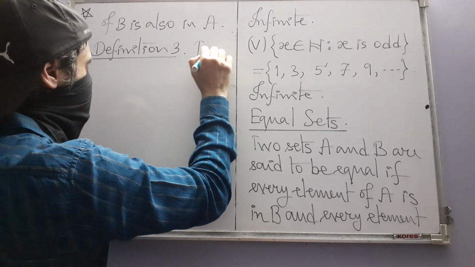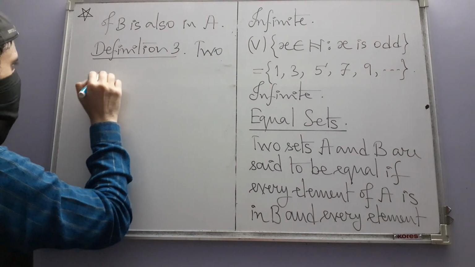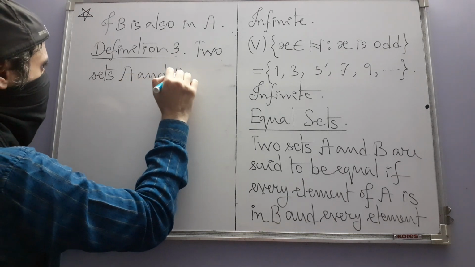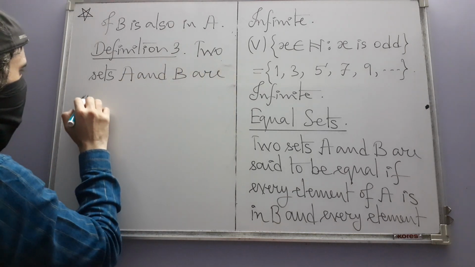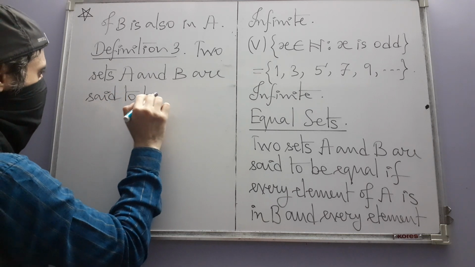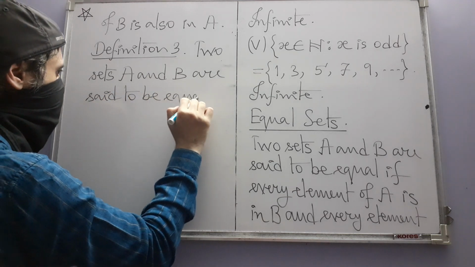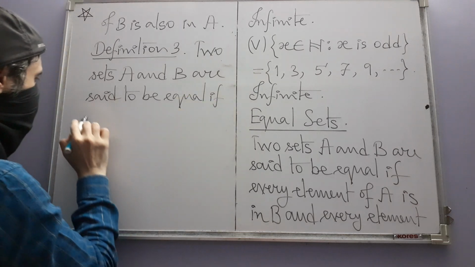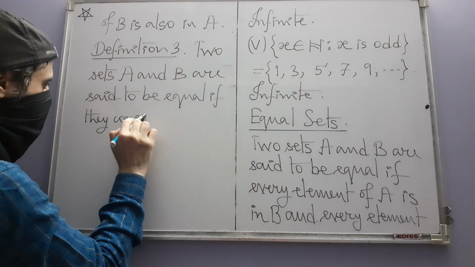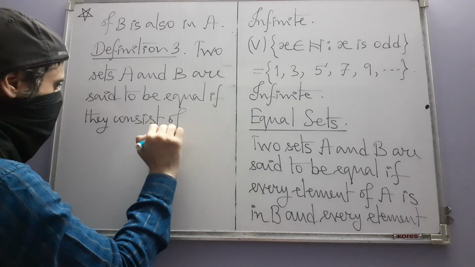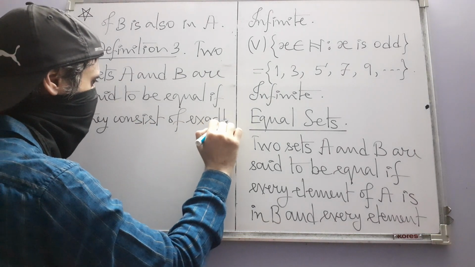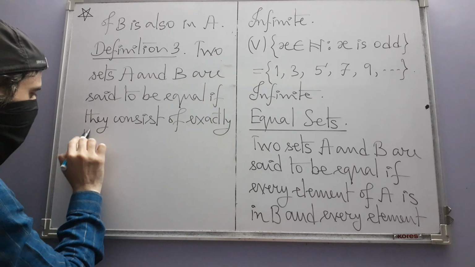Two sets A and B are said to be equal if they consist of exactly the same elements.